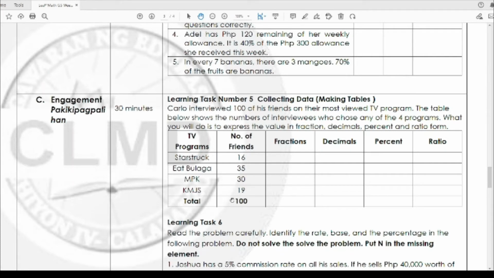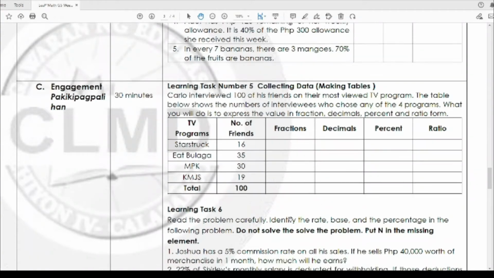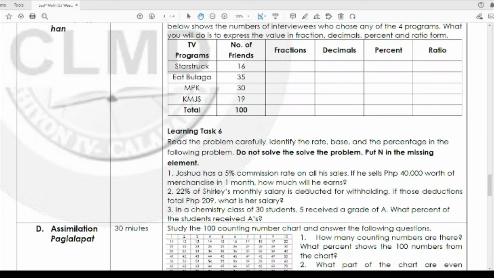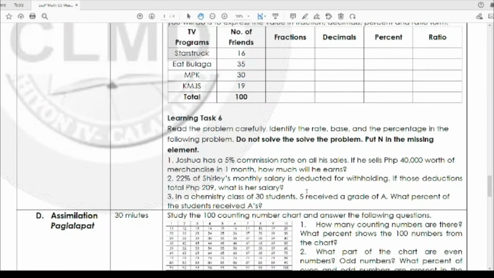A total of 100 friends. So you will write the fractional equivalent of this 16, decimal, percent, and ratio. Let's continue with our learning task number 6.